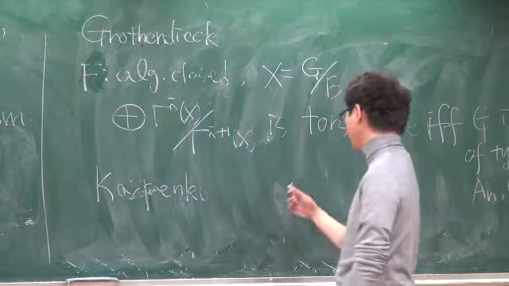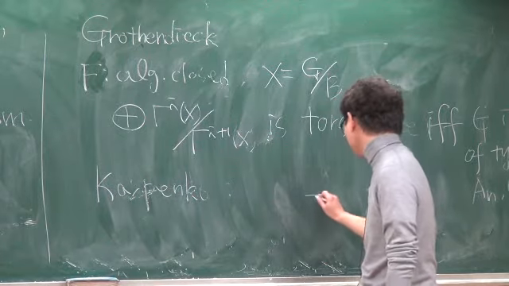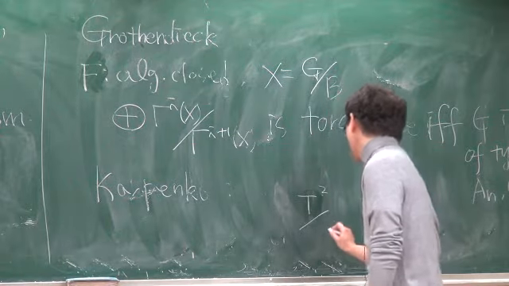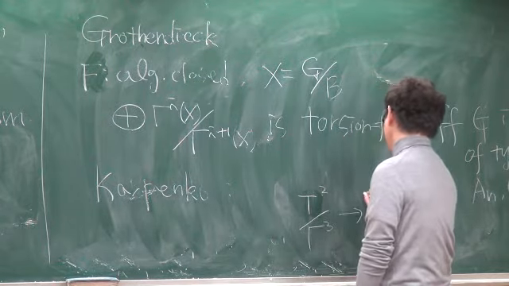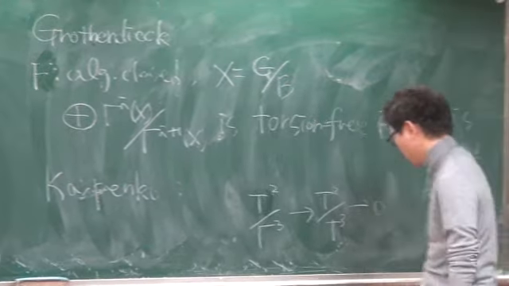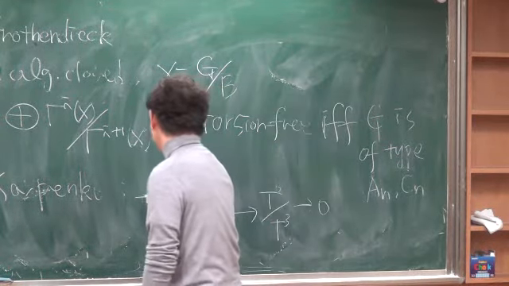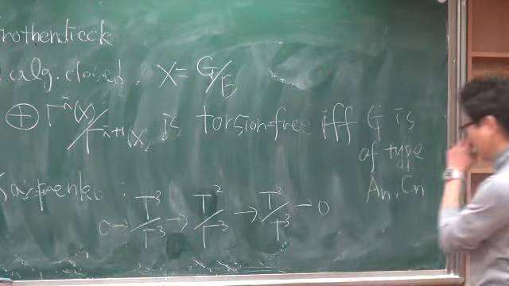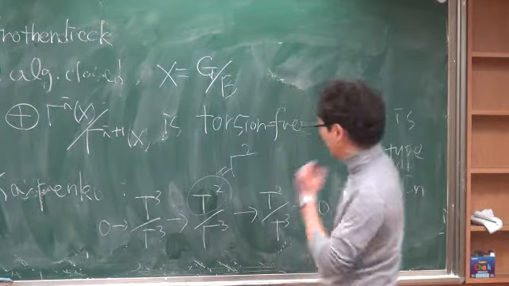Indeed, he used the following exact sequence, and we have the following exact sequence, and this is equal to gamma 2.